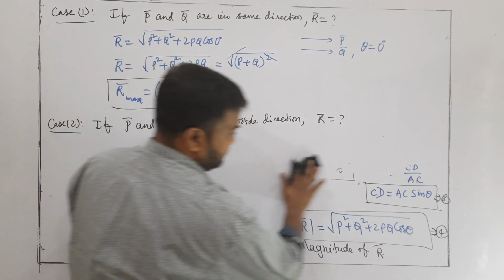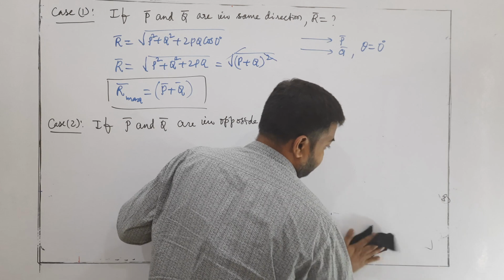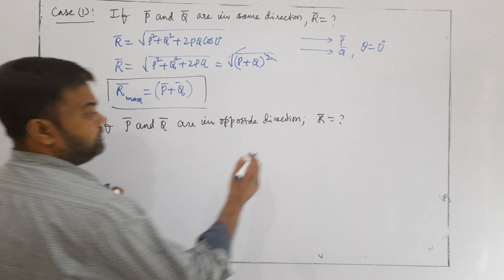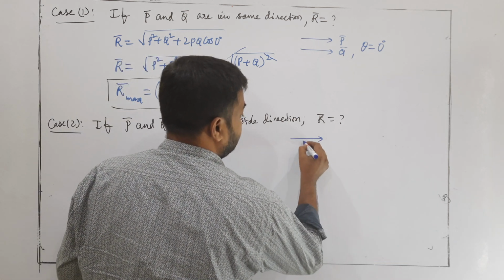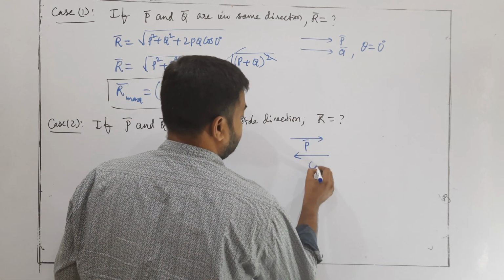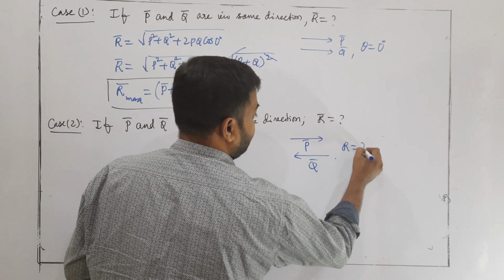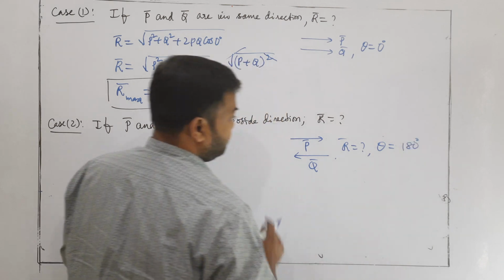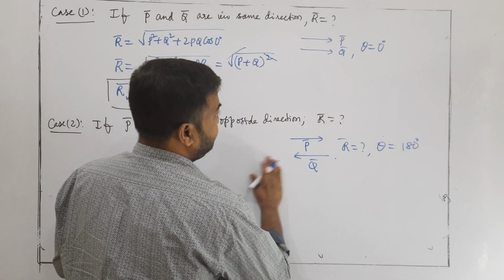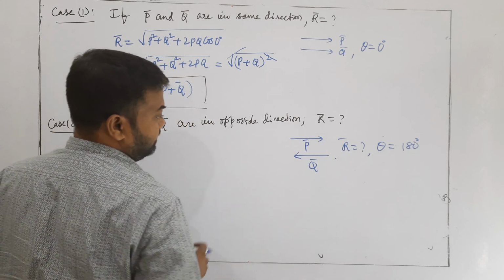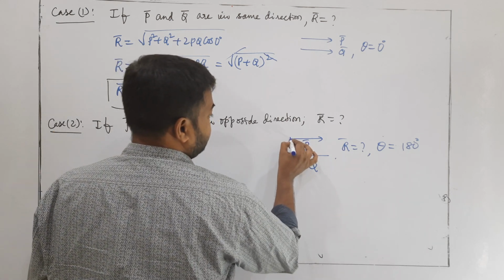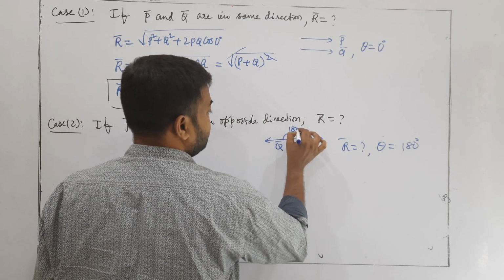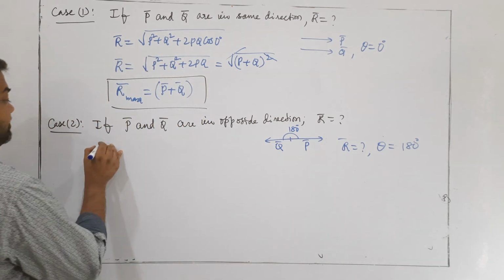These two are in opposite direction. What should be the R value? Theta is equal to how much? 180, no? When both are in opposite direction, like this also we can write P bar and Q bar. This angle is 180. Then what is the value of R?